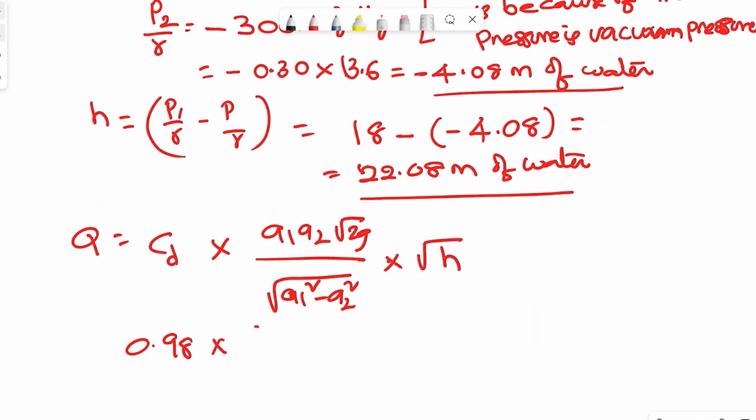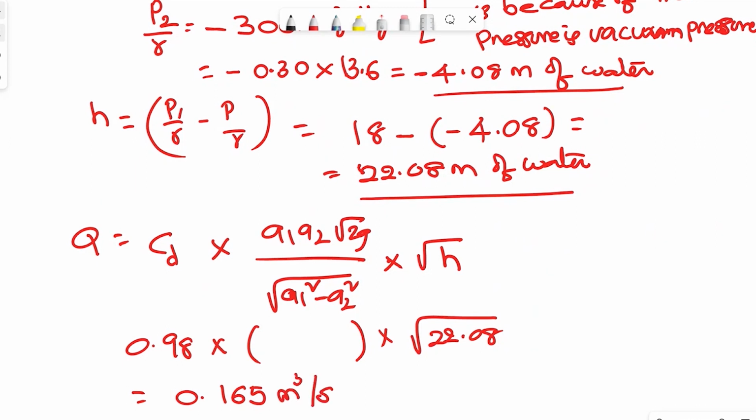So calculate the middle one, then root H, where H is 22.08. If you calculate all the things, you are going to get 0.165 meter cube per second. This is the answer. So here I stop the venturimeter problems, especially with respect to the horizontal venturimeter.